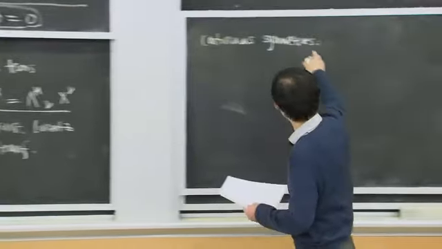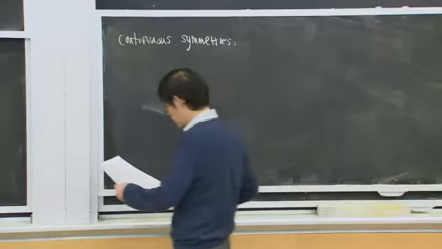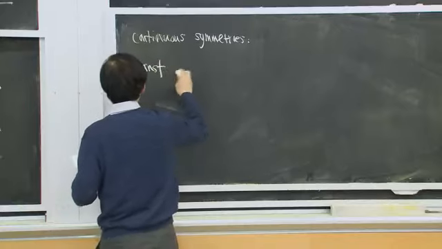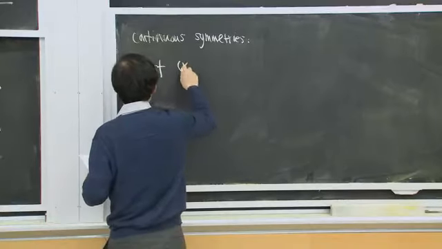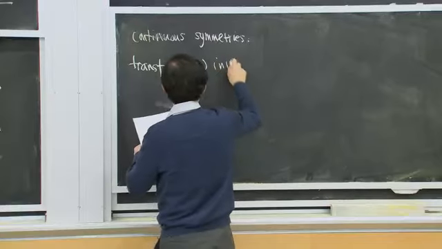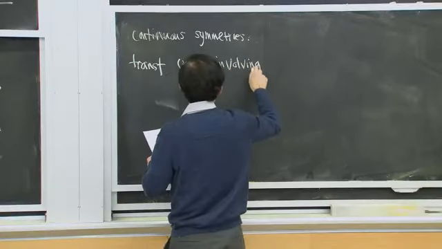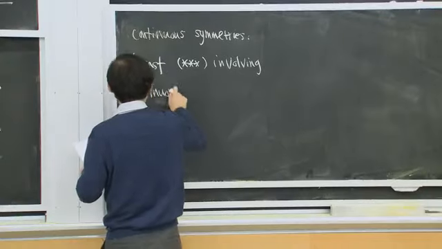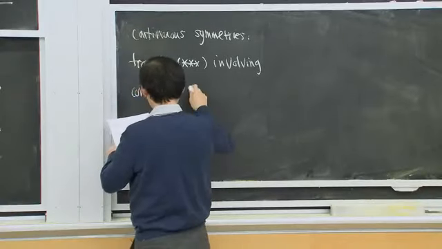So continuous symmetries are transformations like star involving continuous parameters.